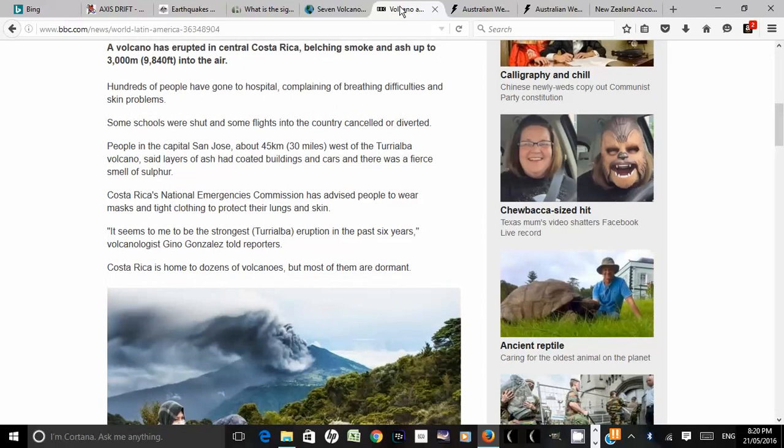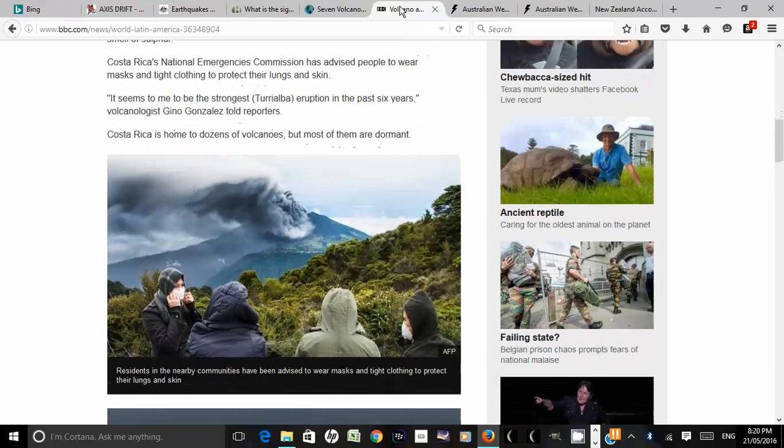Hundreds of people have gone to hospital complaining of breathing difficulties and skin problems. This is all in Costa Rica, folks.